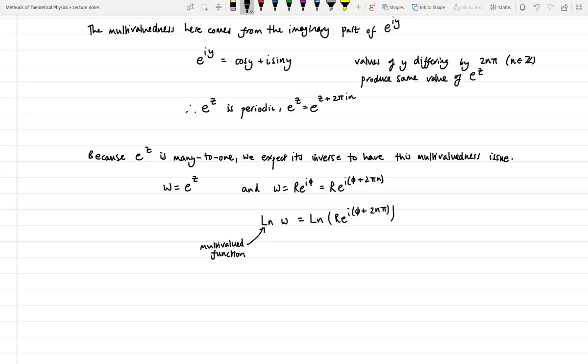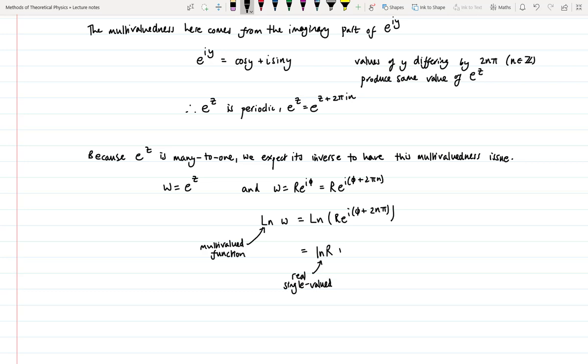And later on in the course I might be a bit sloppy with when I capitalize this letter or not, but whether it's multi-valued should be clear from the context, and we'll be looking at this later and in the example sheet. We apply the normal rules for the logarithm, so we can split up the logarithm of a product into the sum of logarithms. The logarithm of the modulus r, that's a real number, so we can write that as the real single-valued logarithm.